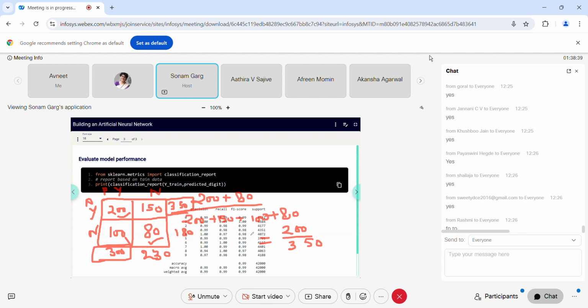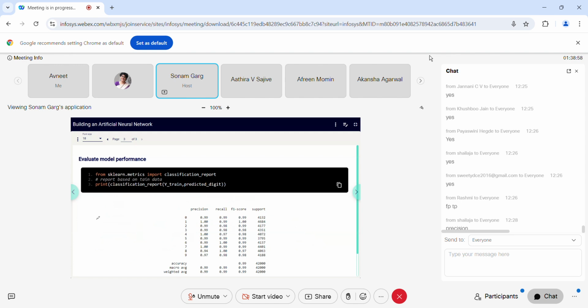So it tells me the precision, the accuracy with which your model can correctly predict yes values. That is it. Similarly, you can calculate for no as well.